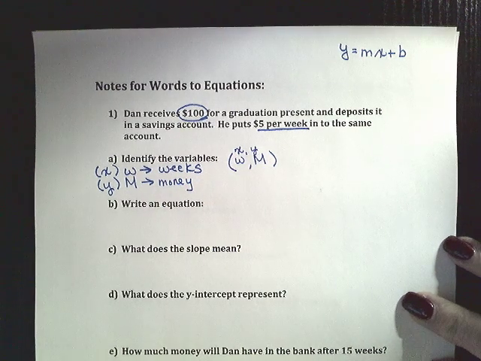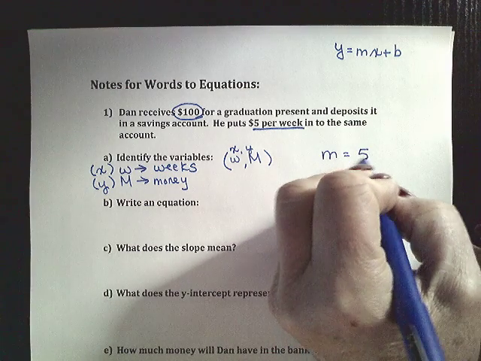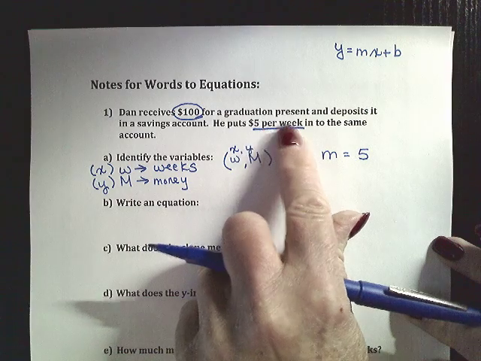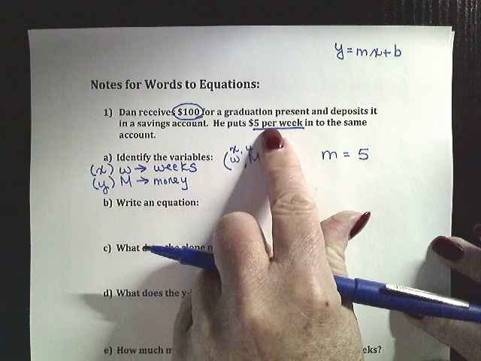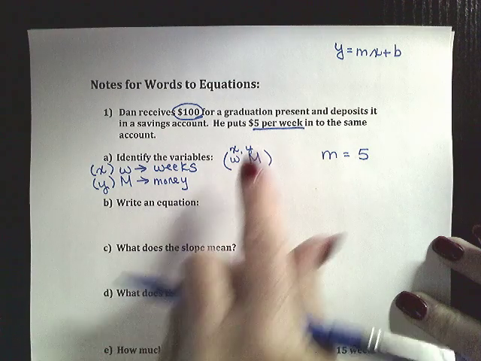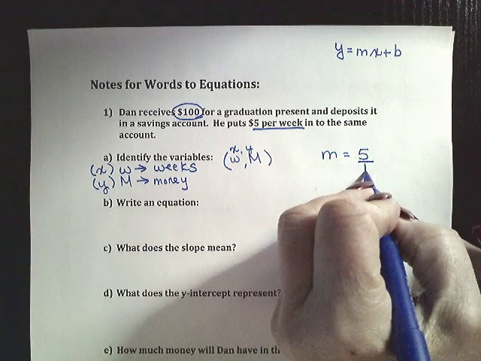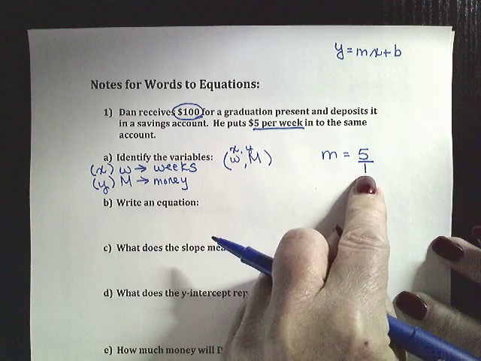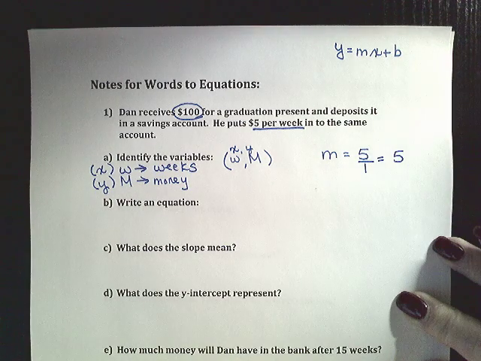Okay, so what is my slope? My slope is going to be equal to $5 per week. Now, when we did word problems last year in 7th grade, we talked about key words that mean unit rate. That would be 5 per week, which is 5 over 1, $5 per week. We can write it as just the whole number 5 because 5 over 1 equals 5.